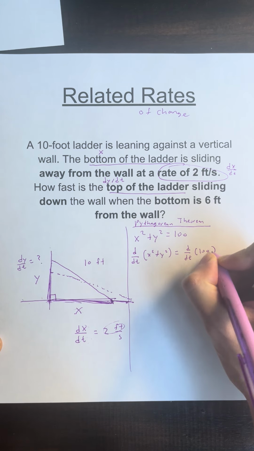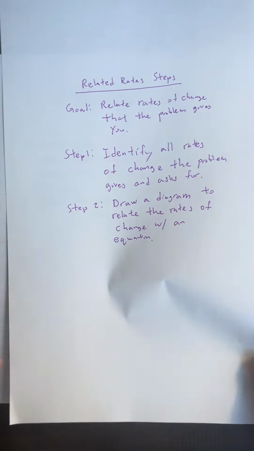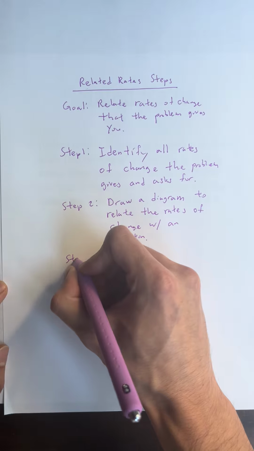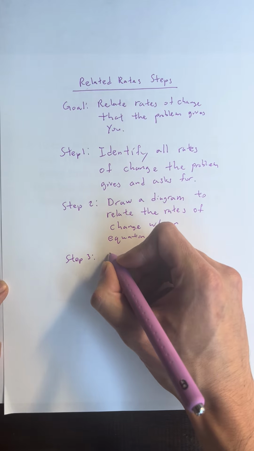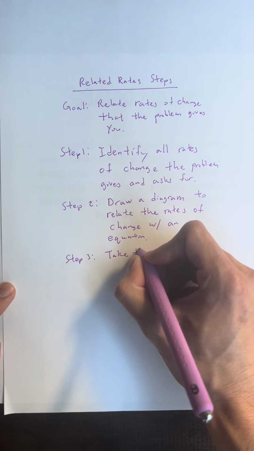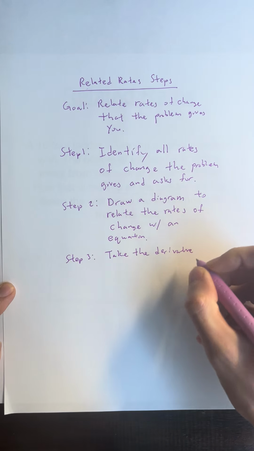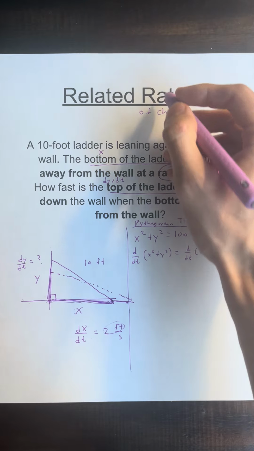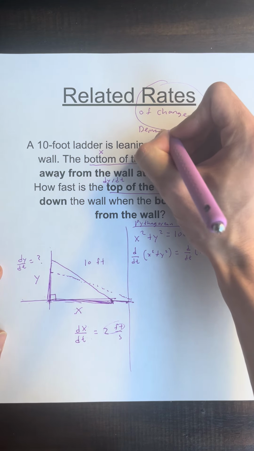So step 3 would be to take the derivative, right? Because derivative is just another word for rates of change.